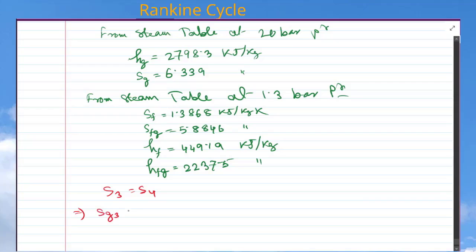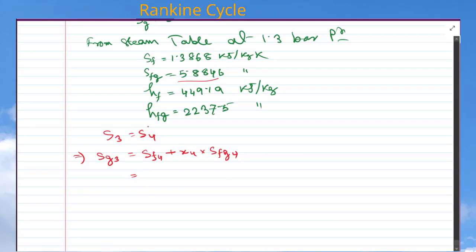At point 4 the steam is not dry but wet, and we do not know the dryness fraction of that steam. So S4 is equal to Sf at point 4 plus X4, the dryness fraction at point 4, multiplied by Sfg at point 4. So we can put these values in.